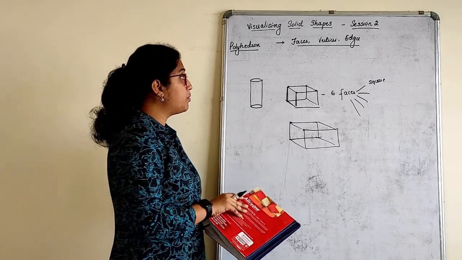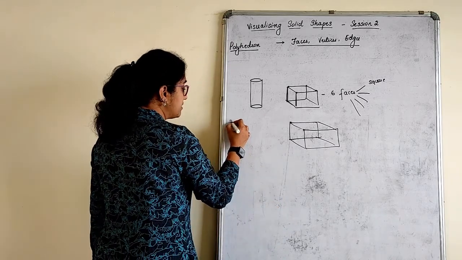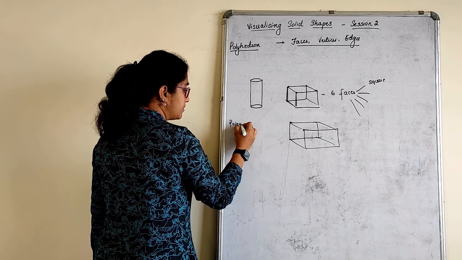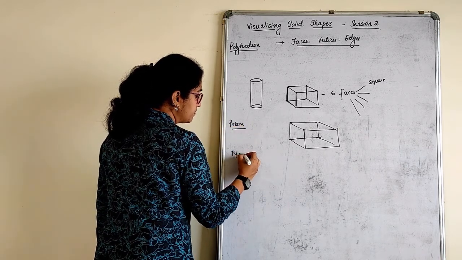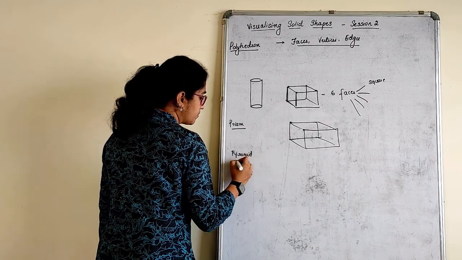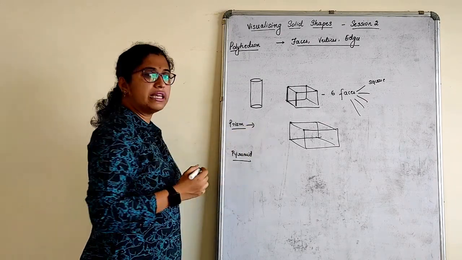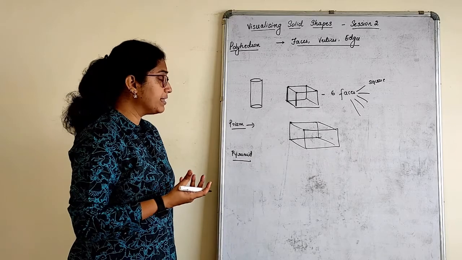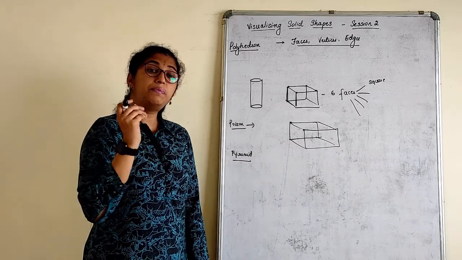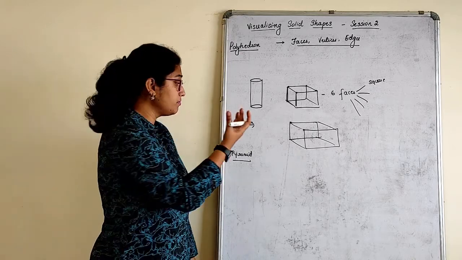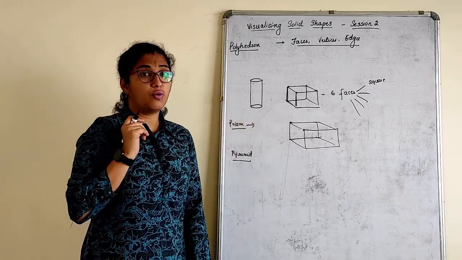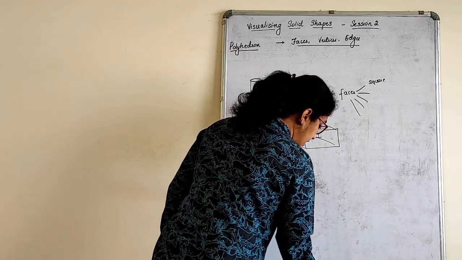The next important thing we have to understand in this lesson is the prism. What is a prism and what is a pyramid? A prism is a polyhedron with a number of polygonal faces. What type of polygonal faces? Let's understand.